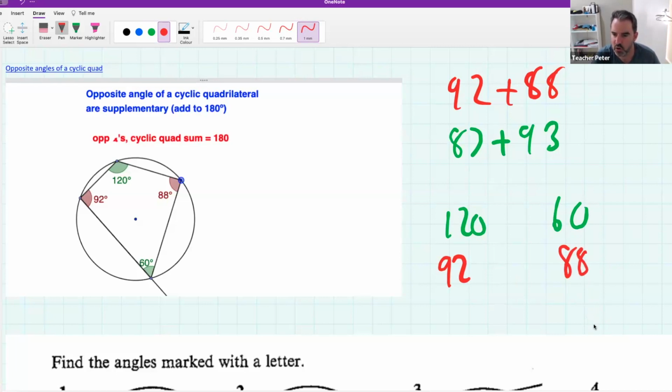So what do we notice about oh, sorry, I missed the Aisha, I'll go back in a second, I promise. So what I notice is that the opposite angles in the cyclic quad always add up to 180. And so opposite angles of a cyclic quad is another fact or theorem that you need to know.